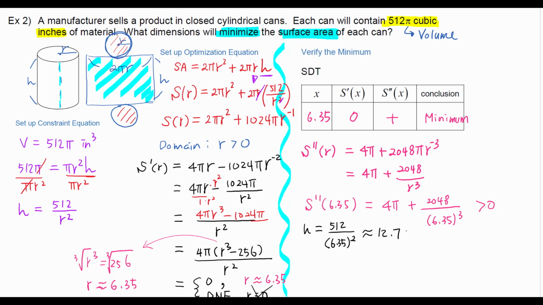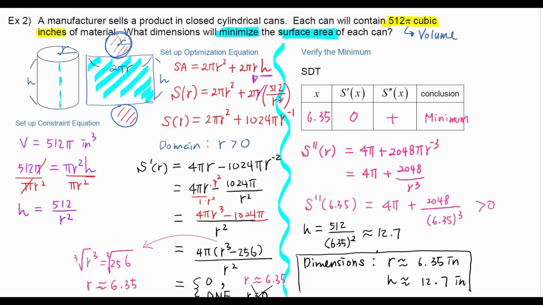So now you can answer the question. Dimensions has to be r approximately equal 6.35 inches and h approximately equal 12.7 inches. I used approximately equal to because I did get non-terminating decimal. So here is my answer.